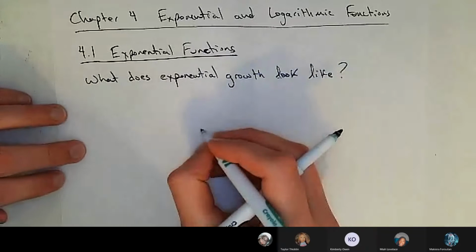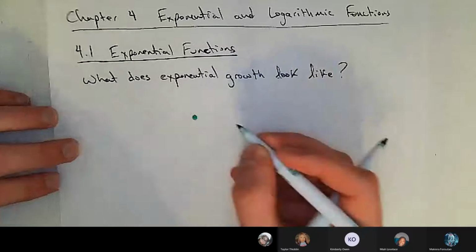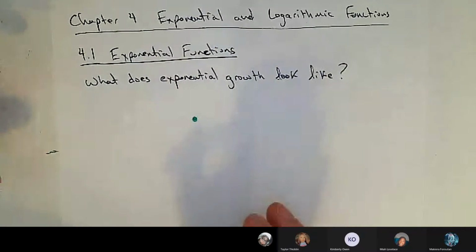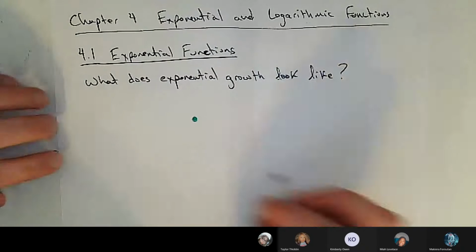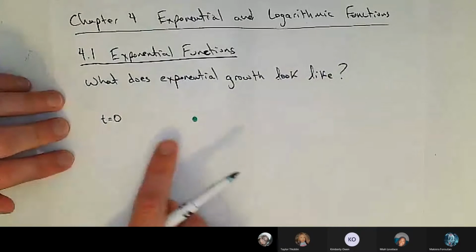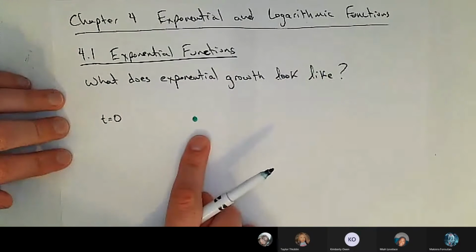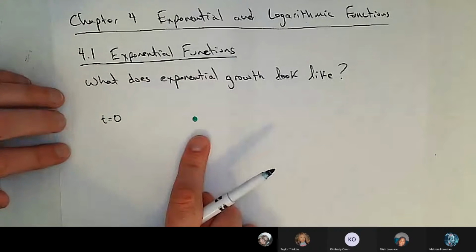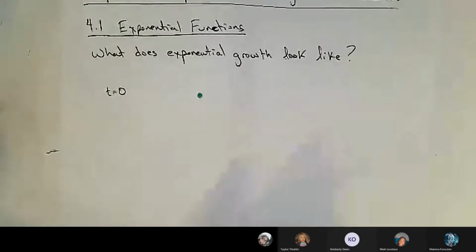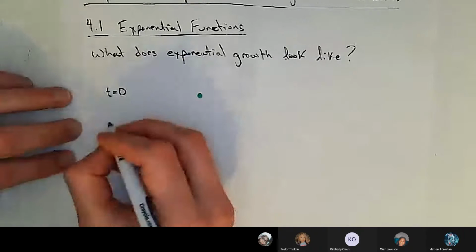I don't know anything about biology, but let's say every hour it splits itself into two. So at time t equals 0, we have one little bacteria thing. I don't know if this is the way bacteria reproduce, but let's just say every hour this little green dot doubles itself. It splits in half. That's how it reproduces.